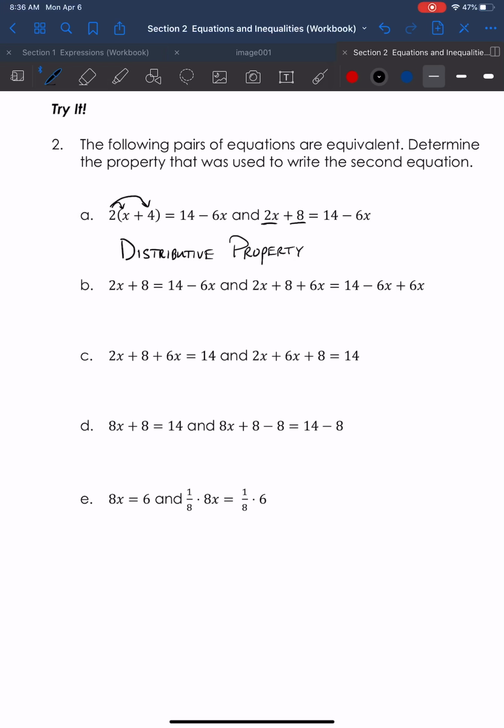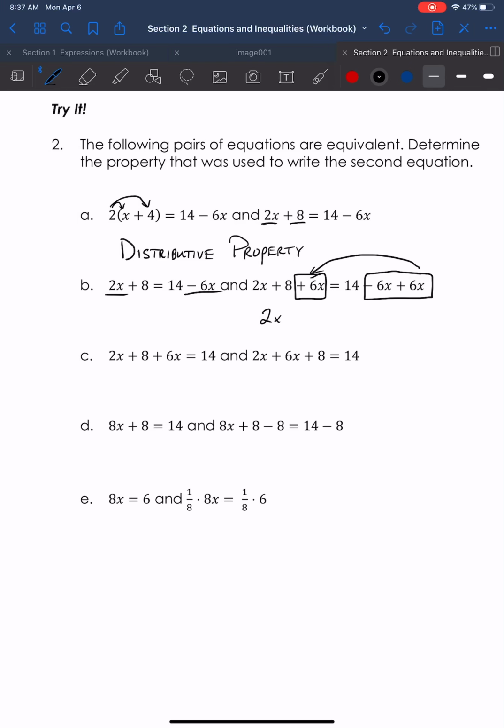All right, if we look at b, the variables are not on the same side. So we have 2x here, then we have minus 6x there. All right, they use the addition property of equality in order to move this 6x over to the other side.